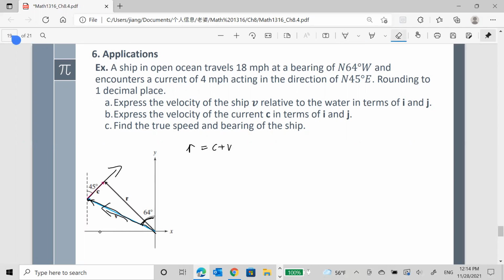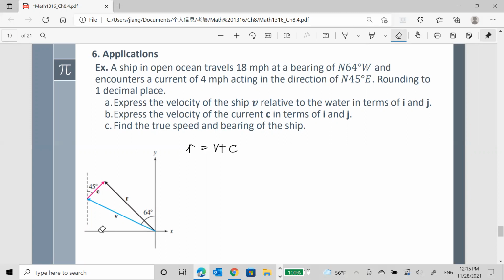It doesn't matter. Let's see the picture. The v is tip to tail, so the sum of v and c is from here to here.